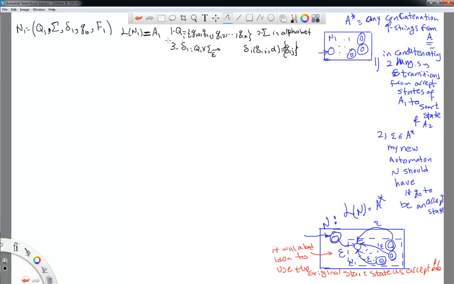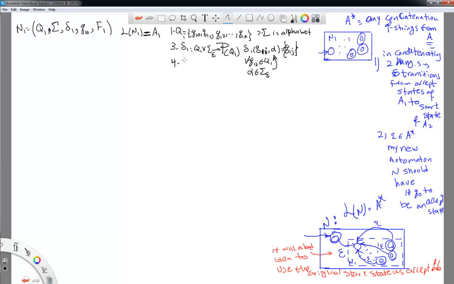It is a non-deterministic finite automaton, so this should go from Q sub 1 cross Sigma epsilon over to the power set of Q sub 1. And so for every q sub 1 i from Q sub 1 and alpha from Sigma epsilon, the transition of q sub 1 i and alpha will go to a set of q sub 1 j's. Okay.